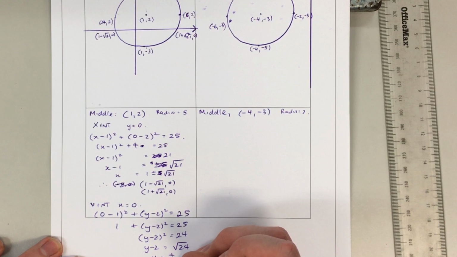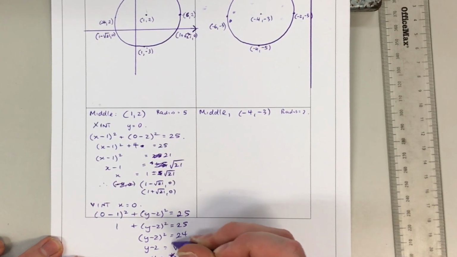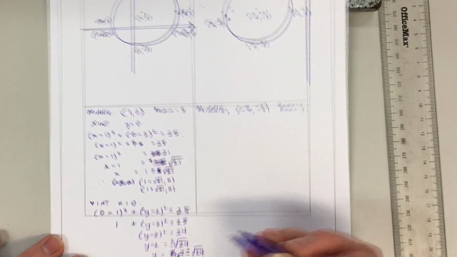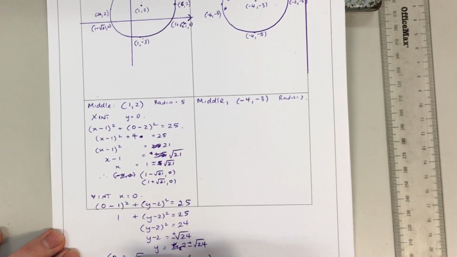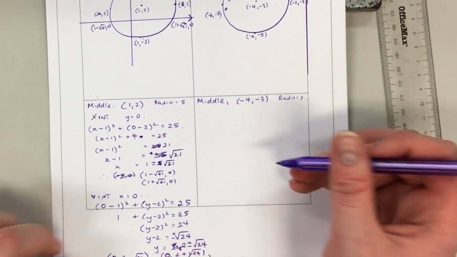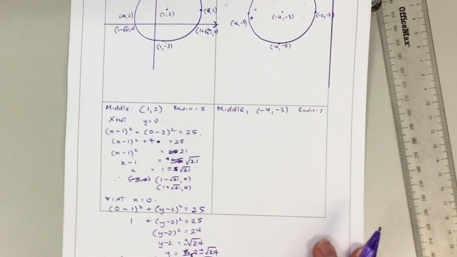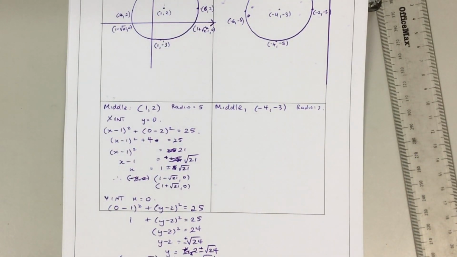Y is equal to 2 plus or minus the square root of 24. So therefore the y-intercepts are at 0, 2 minus the square root of 24, and 0, 2 plus the square root of 24. So again, you can pop that onto your graph and label accordingly.